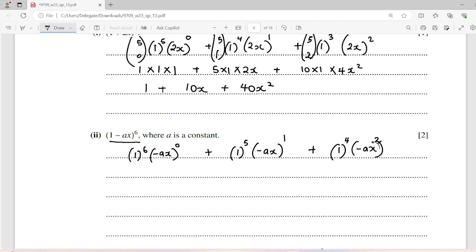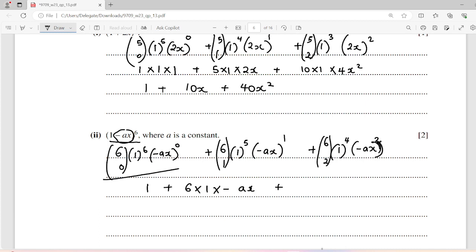So next I put combination 6, 0, 6, 1, and then 6, 2. So the first term is going to be 1. Then this is 6 combination 1, which is 6, times 1 times negative x, plus 6 combination 2, which on a calculator gives 15, then times 1.